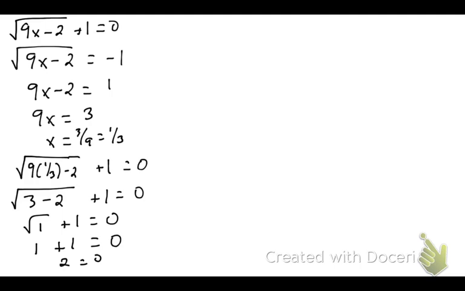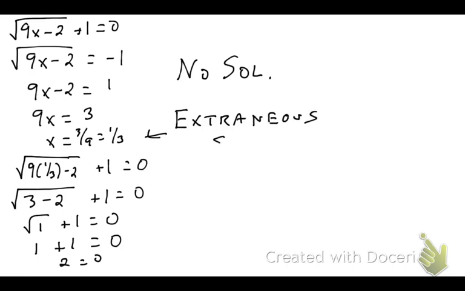So our solution, 1/3, doesn't make it true. So there's a couple things about this. We would say that for this problem there is no solution. And 1/3 is said to be an extraneous solution. In our work, we got this as a possible solution, but when we checked it, it did not work. So it's an extra, it's extraneous.